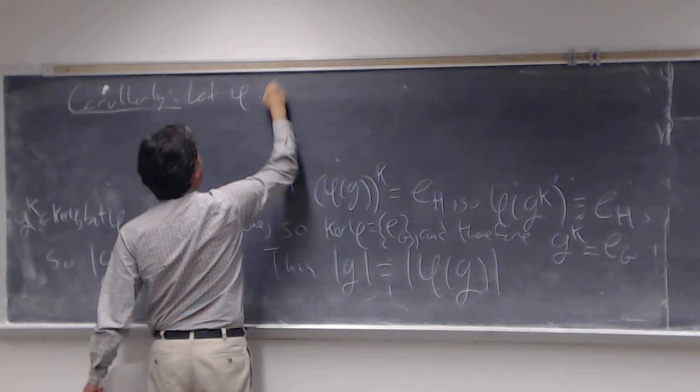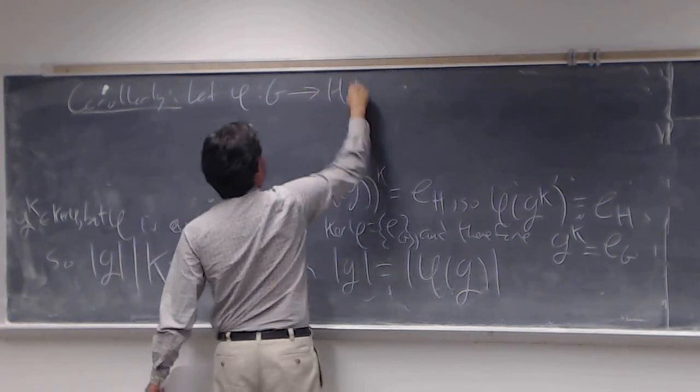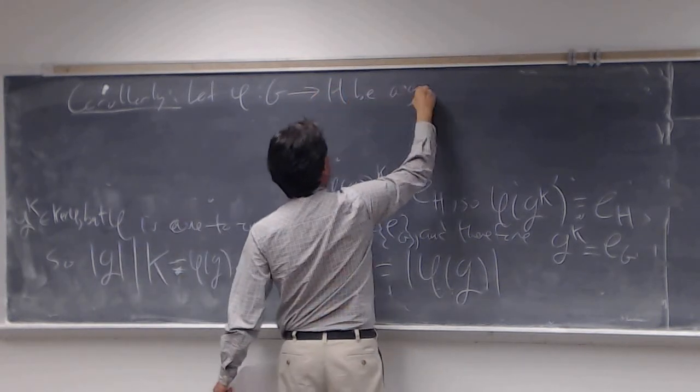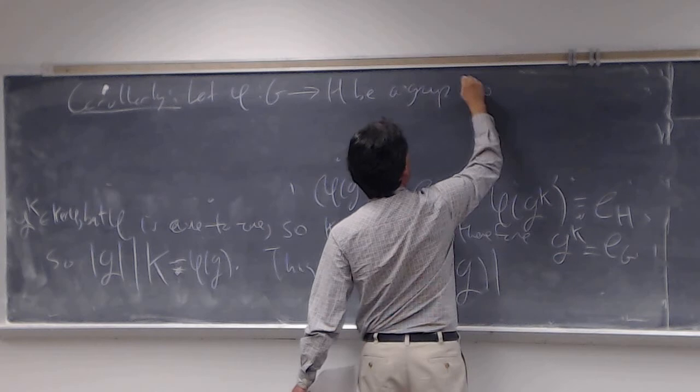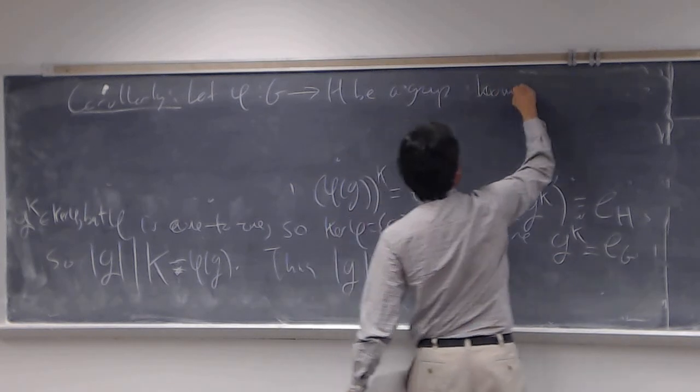Let phi from G to H be a group homomorphism, forget about an isomorphism, just a group homomorphism.